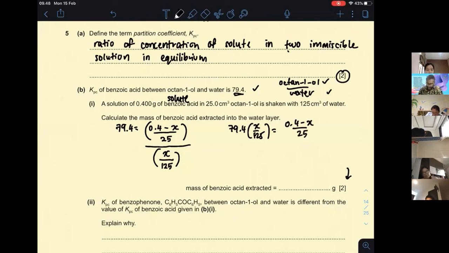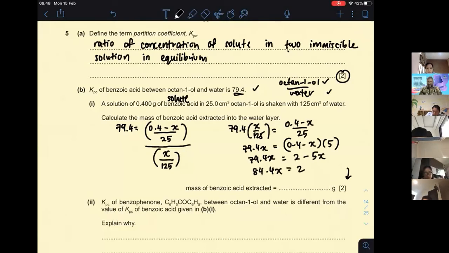I times by 125, I get 79.4X. On the other side, 0.4 minus X times 125 over 25, this one is going to be 5, so I get 2 minus 5X. 79.4X, when I bring over there, it's plus 5. 79.4 plus 5, I am going to get 84.4X equals to 2.